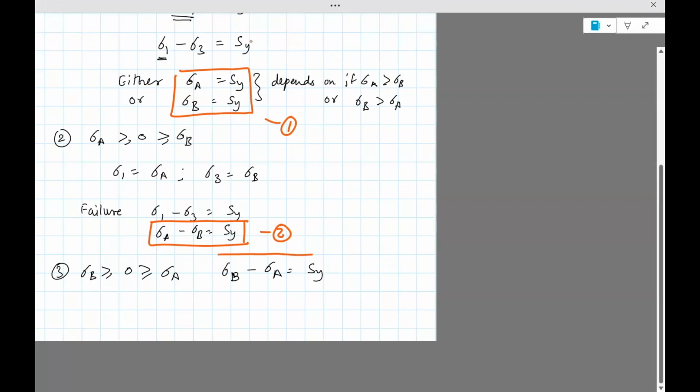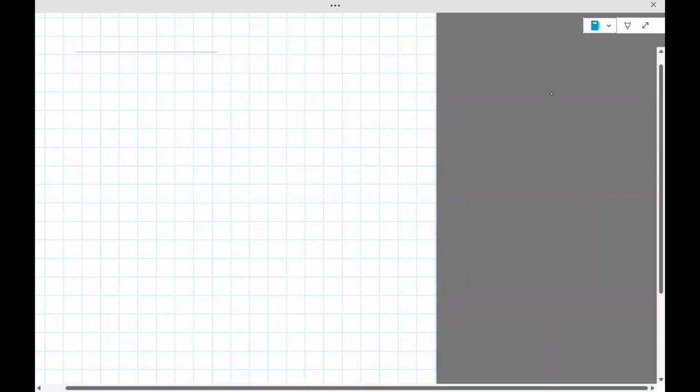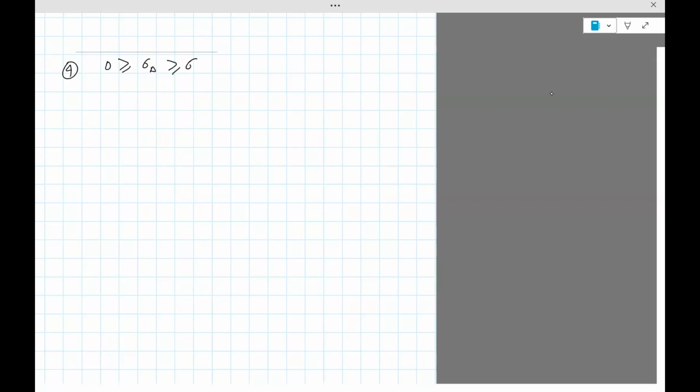That's condition 3. And there's one more which we missed: what if sigma B and sigma A are both negative? So this is the fourth case, where 0 is greater than sigma A is greater than sigma B.